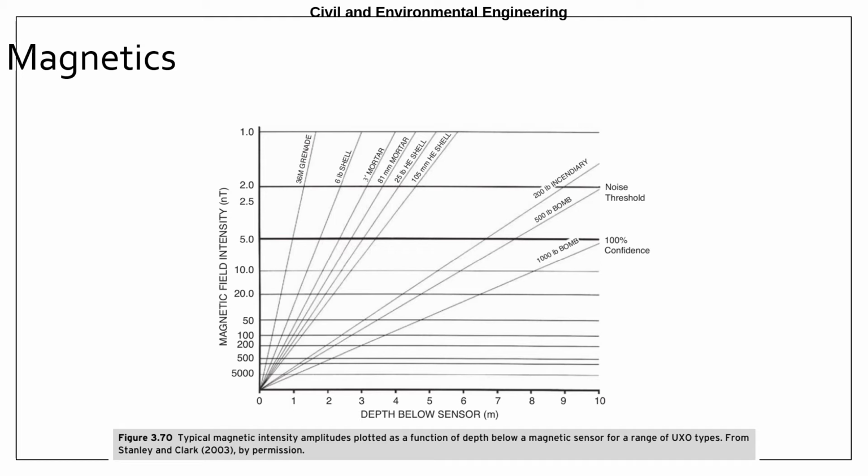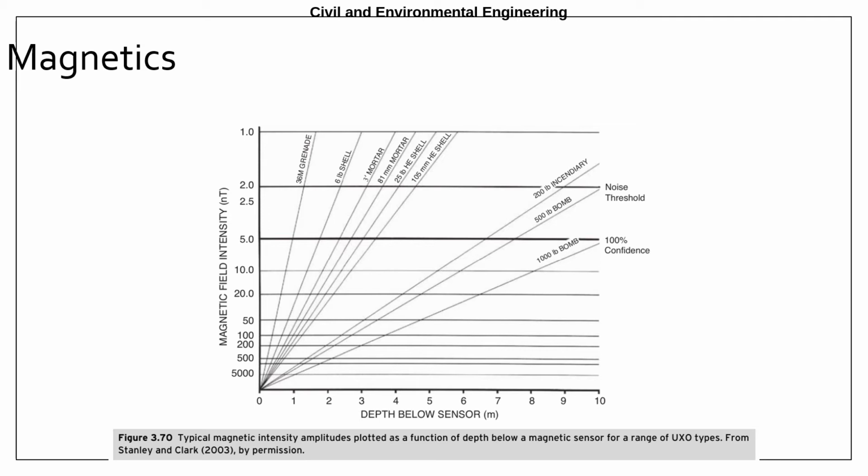And this is just a rough guide on how you can determine whether your magnetic equipment can detect that UXO. Let's say, for example, your boss assigned you to look for 1,000 pound bombs in a construction site.